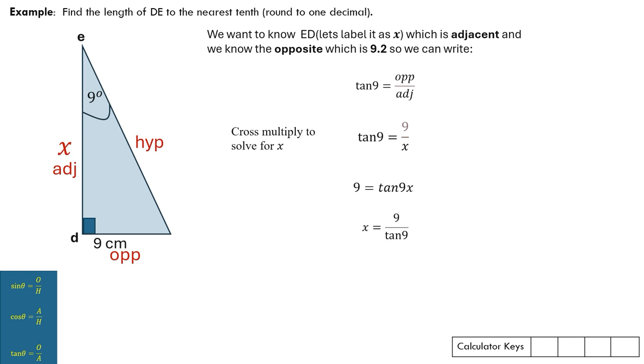Isolating x, x equals 9 divided by tan 9, which happens to be 0.1583. X is 56.8, so our side x is 56.8 centimeters in length.